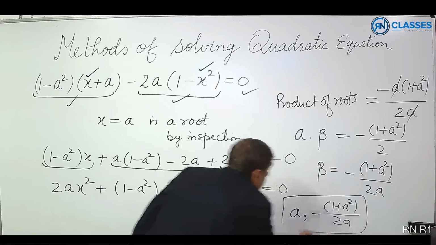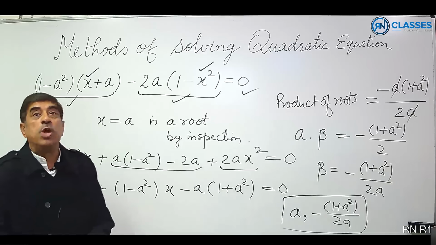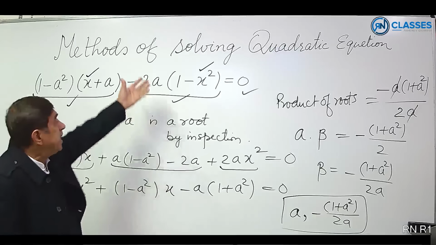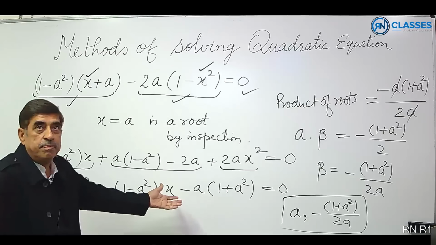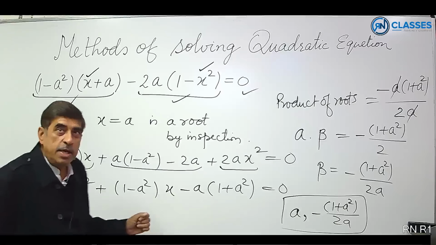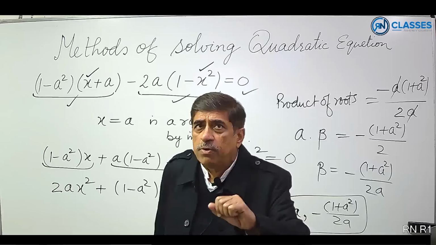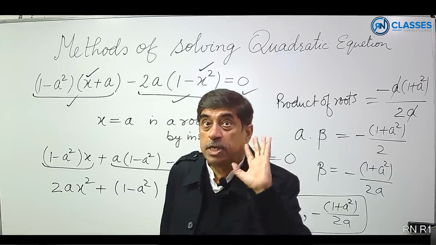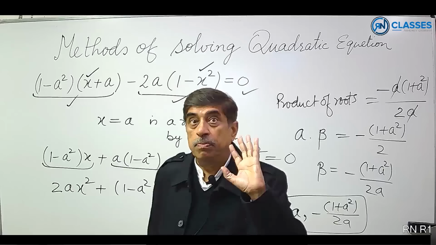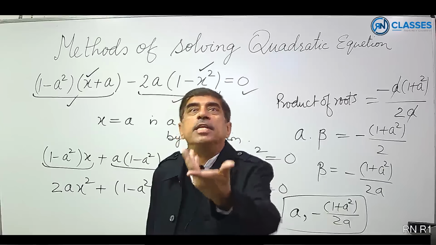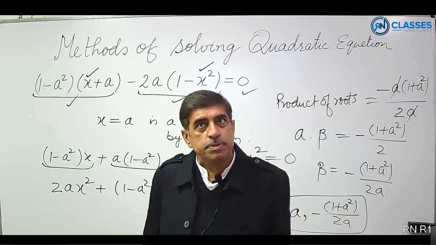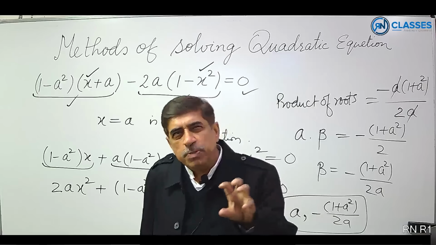In this way, I am able to solve this quadratic equation. Here, I found the first root by inspection, and the second can easily be obtained using the relationships. So this is the first method.